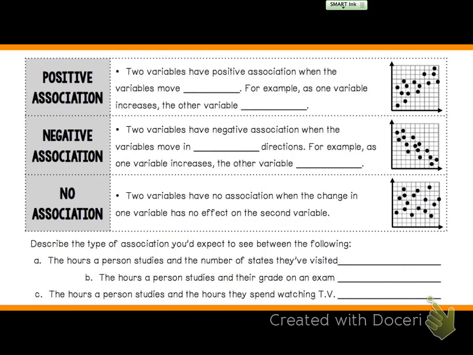Okay, so now we're going to talk about positive associations, negative associations, and no association. So everybody see the graph right here? Okay, does everybody see how as the line is increasing?